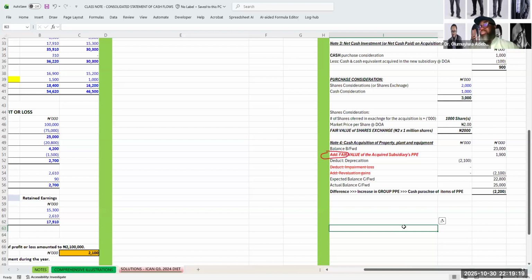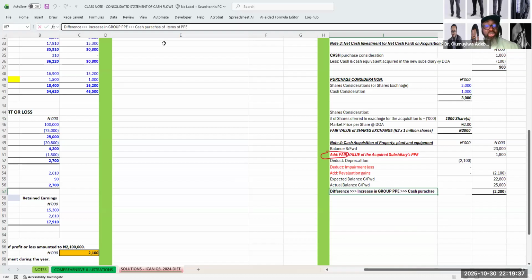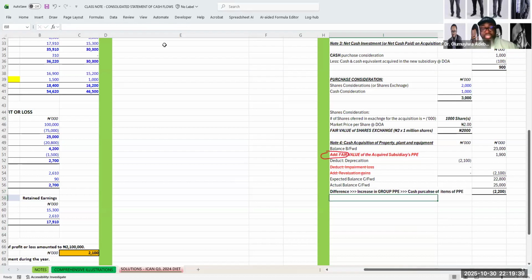That's just a common principle. Is that okay? That principle, you've learned before under IAS 16. That same principle, you've learned under IAS 7, where you discussed the statement of cash flow for a purely single entity. Please let's go back to those fundamental principles.